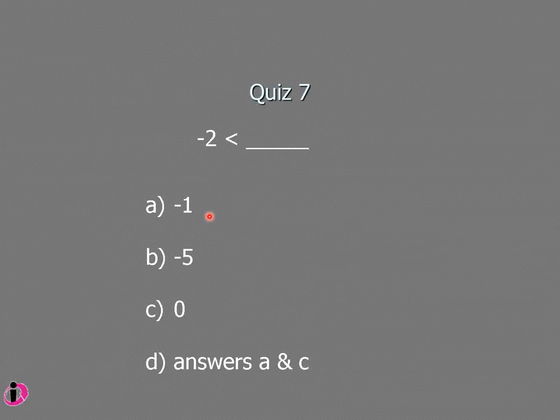Whenever you are comparing two numbers, just think about their positions on the number line. If negative 1 appears before negative 2 when you are going in the left direction, that means negative 1 is greater than negative 2, right? And 0 is too, because 0 is in the middle of positive and negative. So the right answer is D here.